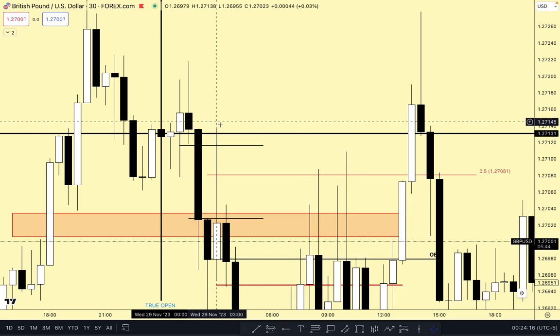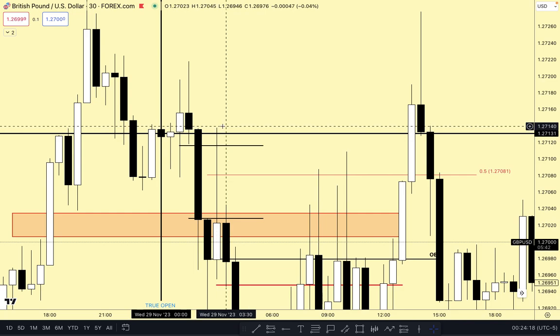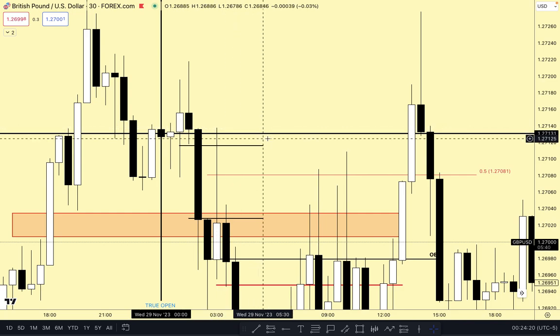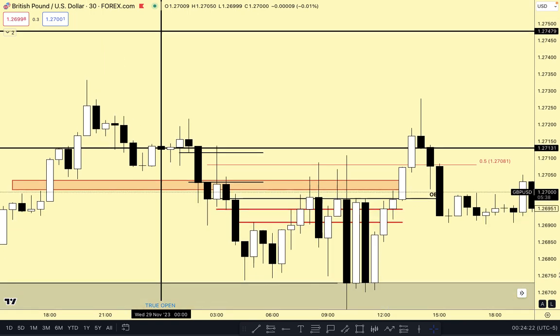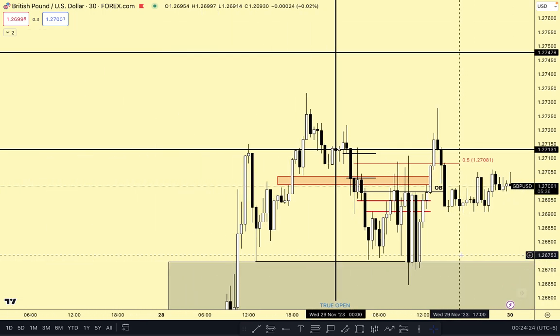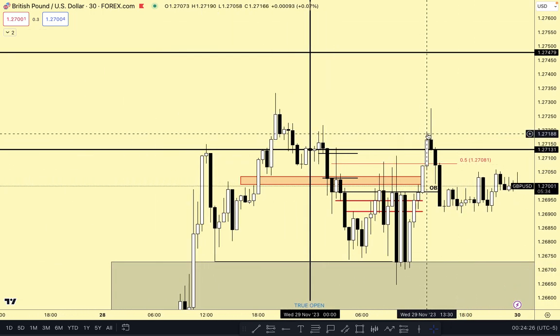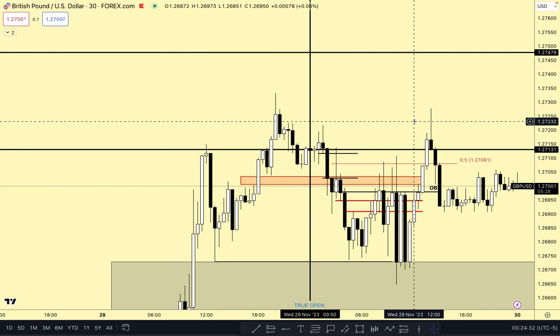So if it traded above that, that would invalidate my bearish trade idea. At 1:30, the invalidation came, and I had closed off the trade. In total, loss yesterday was about $400.